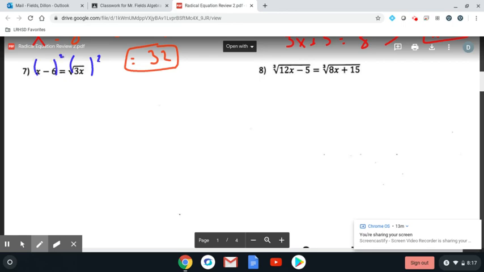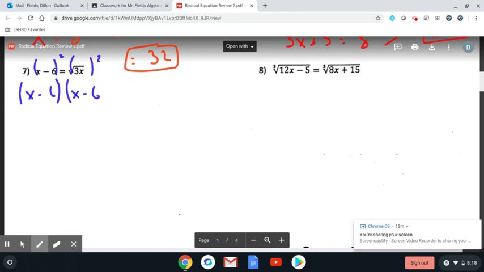But whatever we do to one side, we know we have to do to the other. Here's where you guys view that video from before. And just be careful about when you're squaring, especially x minus 6. Remember, when we square something, that really means that we have 2 of them. So what we're saying is that we have an x minus 6 and an x minus 6, which tells us that we're going to have to FOIL.